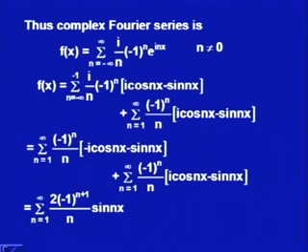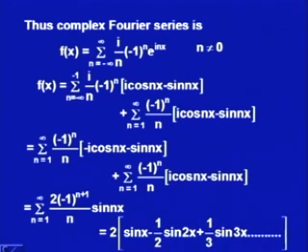If you do remember, this was our real Fourier series which we had obtained in the earlier example. So, the thing is only that in the calculations I do not have to go through those two different integrals.